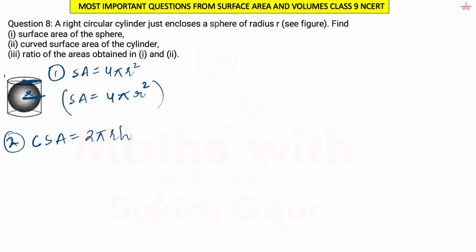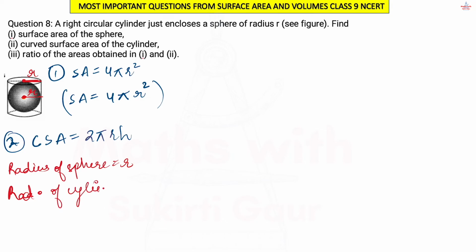Let me take another pen because it is not visible. Like this. This has been given r, and this here also will give us r. So the radius of the sphere is r, so basically the radius of the cylinder is also r, as you can see in the figure, right?